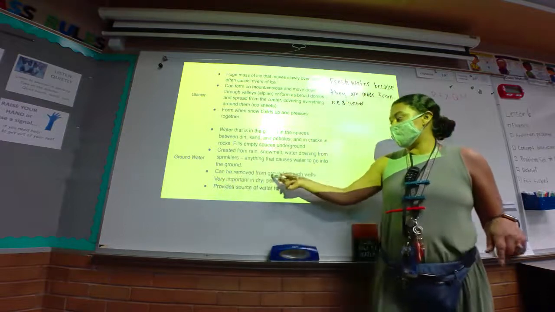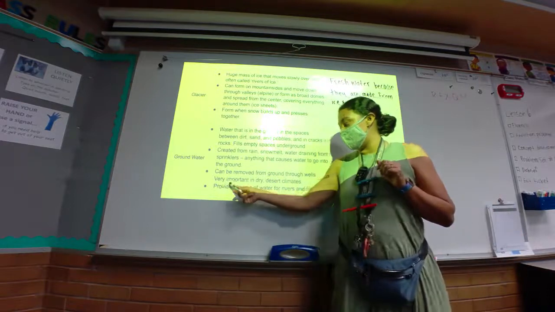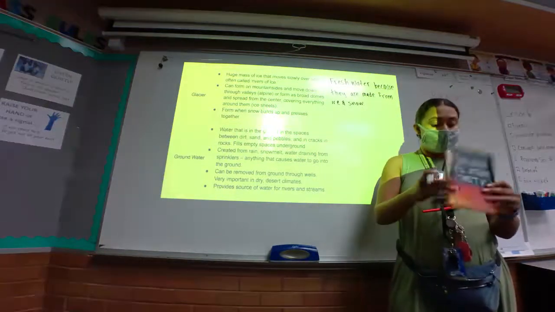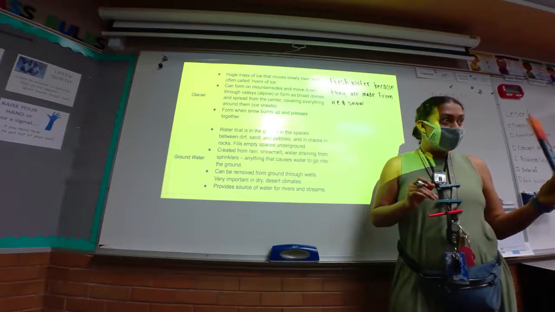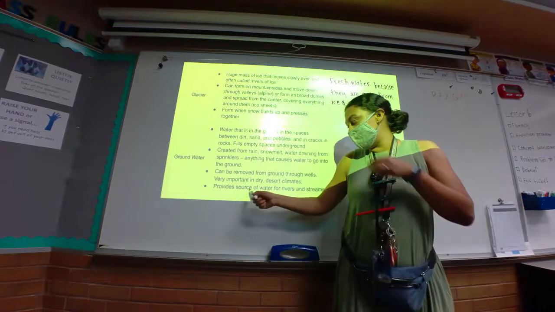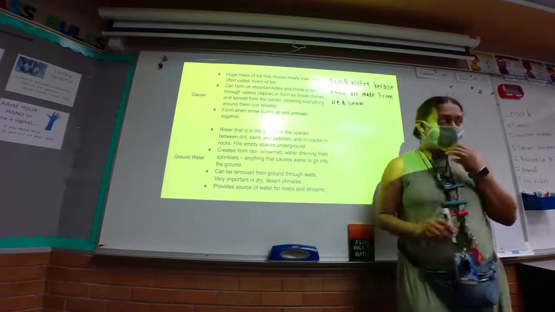It can be removed from the ground through wells. It's very important in dry desert climates, kind of like in A Long Walk to Water, right? It also provides a source of water for rivers and streams.